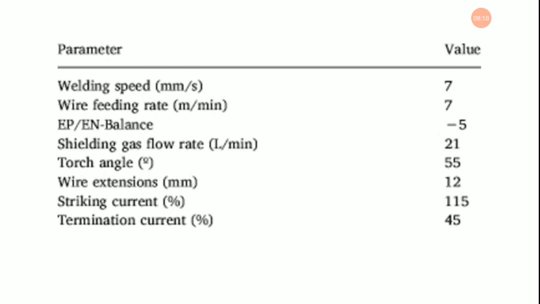The working range of the process parameters: IP, that is the peak current, at level 1 was 195, level 2 is 200, and for level 3 it was 205.